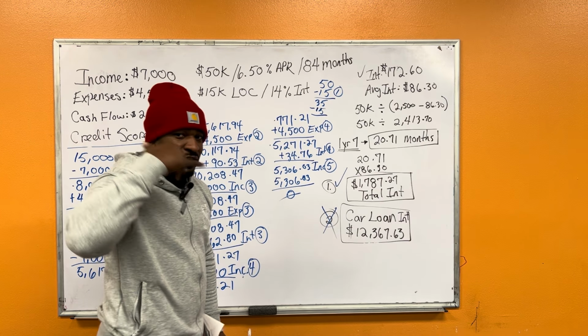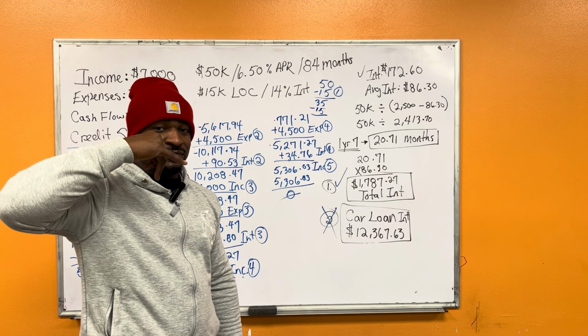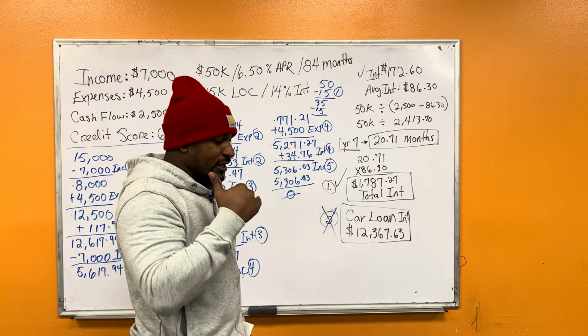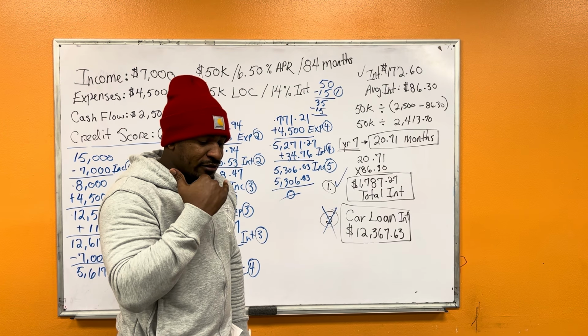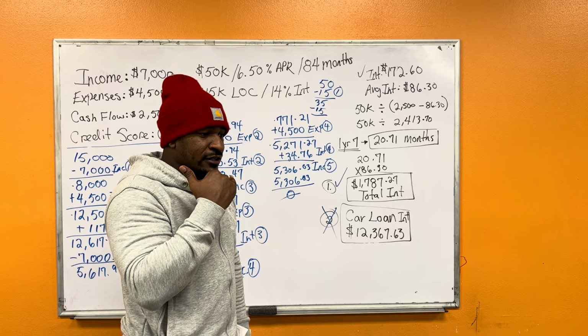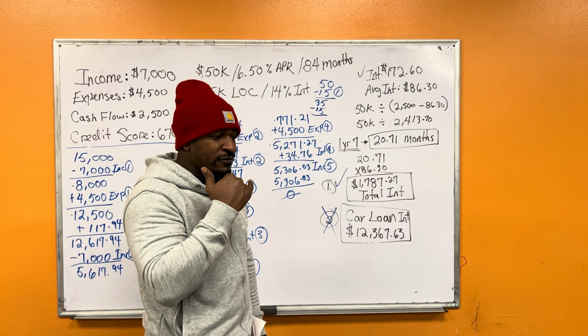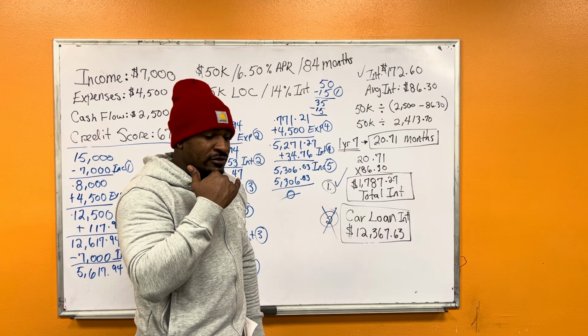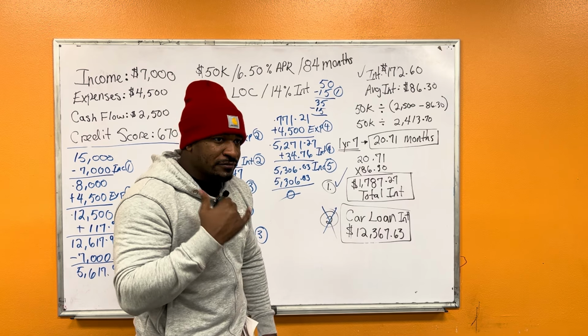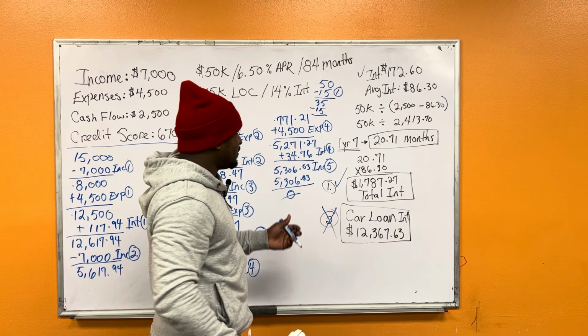So we call up the dealership. Hey, I want to make another $15,000 payment towards the principal of my car loan. They're going to say, okay, let's do it. Boom. You make the payment.